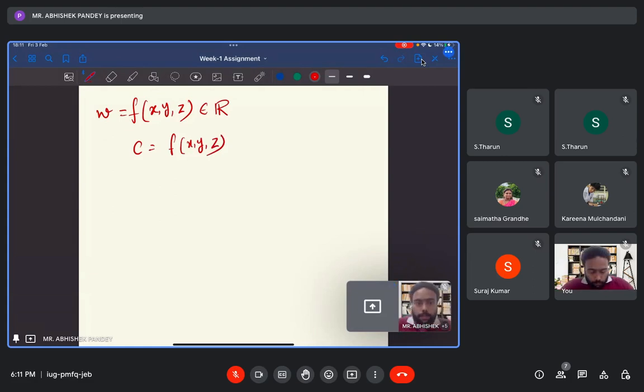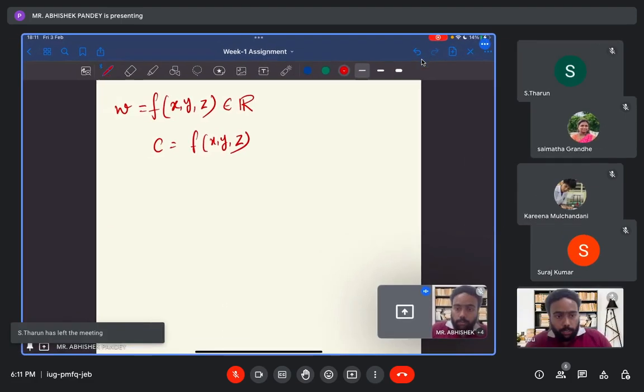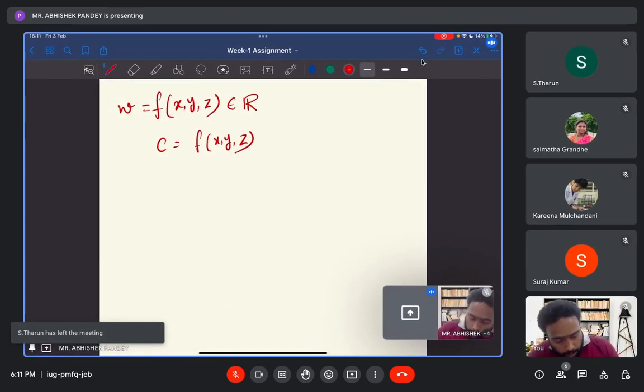Now we can draw the graph, and such a thing is known as a level surface.